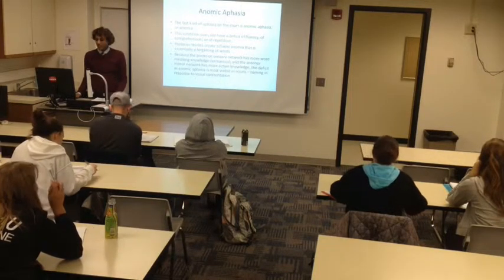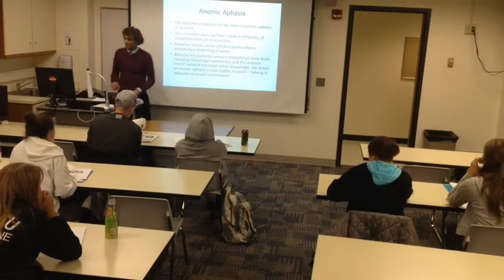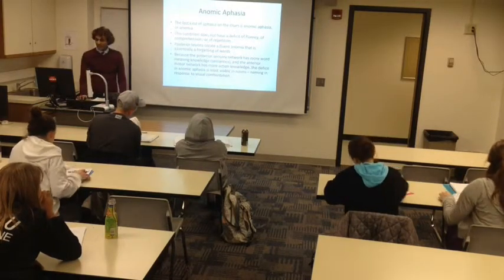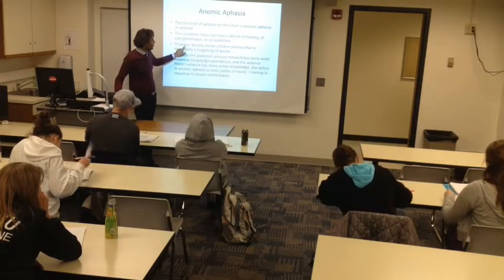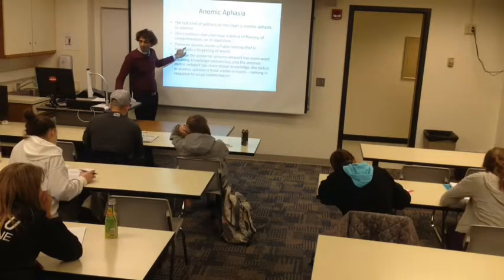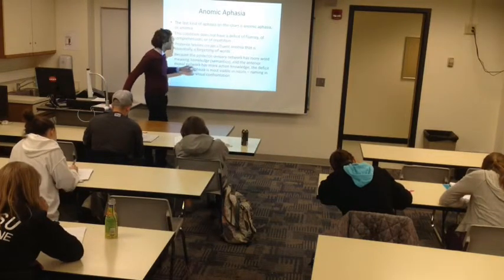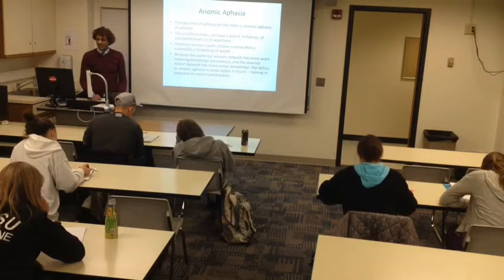Anomic aphasia doesn't have a deficit of fluency, comprehension, or repetition. It happens because of posterior lesions, because the word meaning content is posterior in the temporal lobe. It creates a fluent anomia, meaning you can't find words, but you can talk fluently.